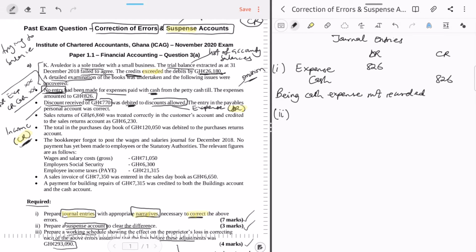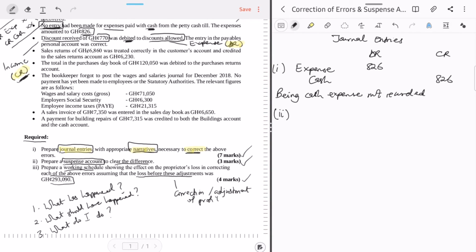If they have done it wrong, what it means is that if you go to the discount allowed account today, you will see a debit balance on the discount allowed account. Our job is to remove it from there and bring it to discount received. Now, let me ask us a simple question. If you have something that is a debit and you want to reverse, what do you do?